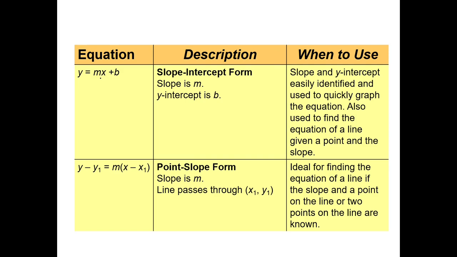Let's review. y = mx + b is the slope-intercept form, where m is the slope and b represents the y-intercept. The point-slope form is y minus y1 equals m times the quantity x minus x1. So when do you use this equation versus this equation?